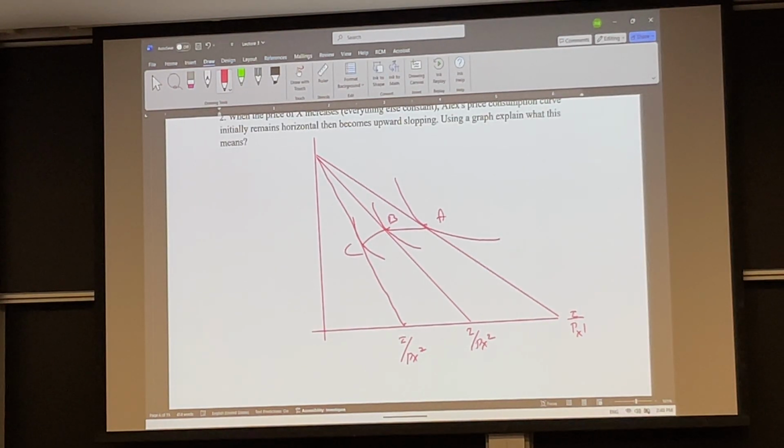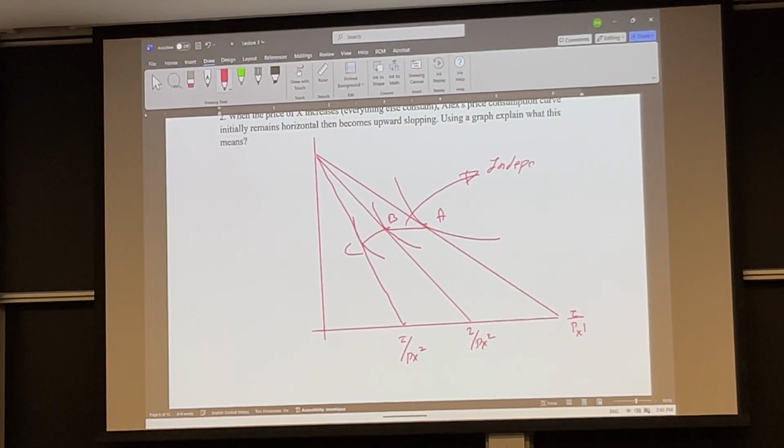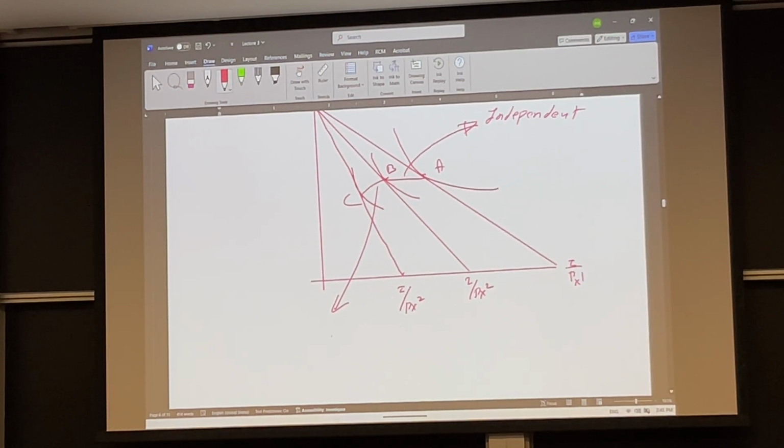That was on the test once. Using the graph, explain what this means. From B to A, it means that they are unrelated. Right? So for lower prices, he views X and Y as independent. When the price goes up further, he views X and Y as complement.